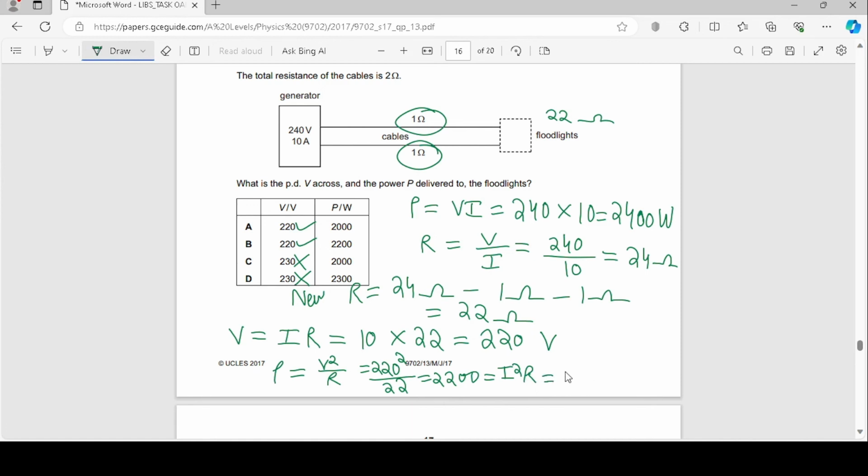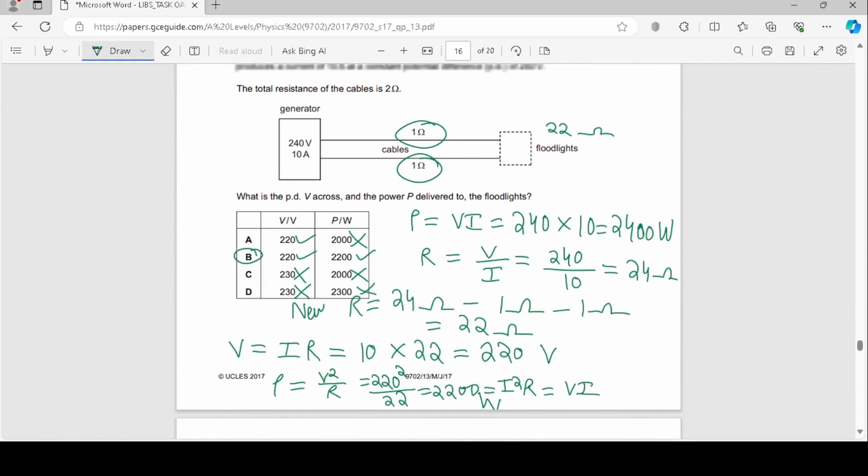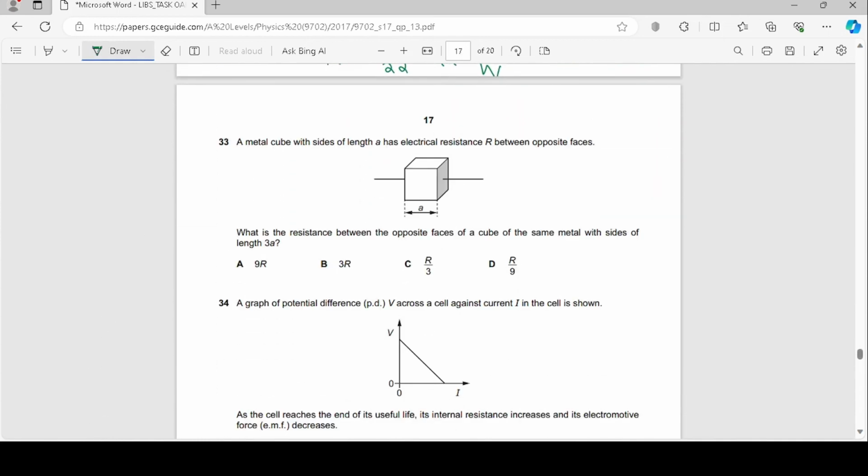Or P equals VI, where you would have 220 into 10, so you would also get 2200. The point is, the power is 2200 watts, and the unit is watts. So B is going to be your answer. Okay. Next question.